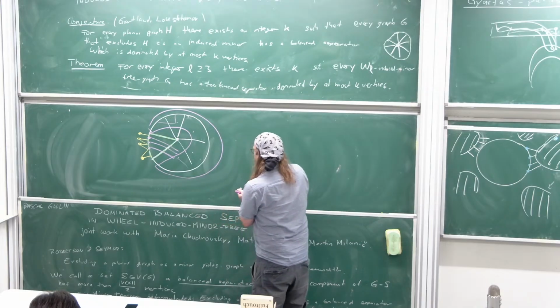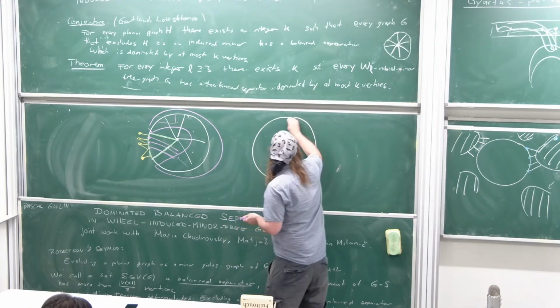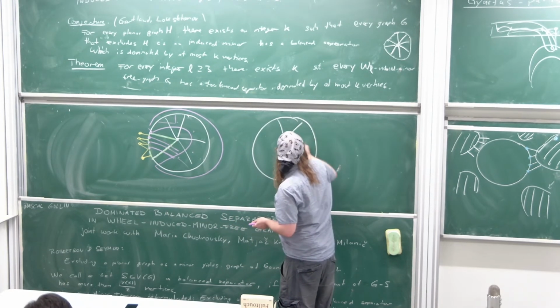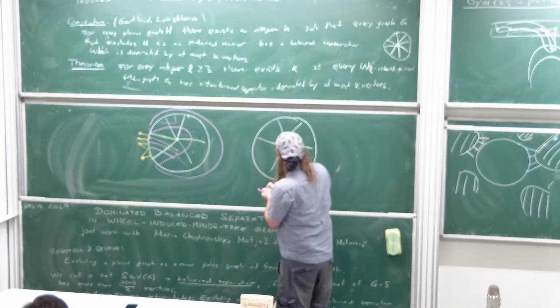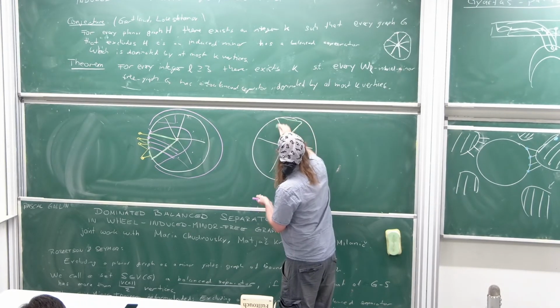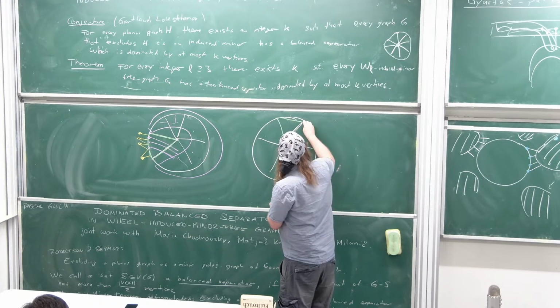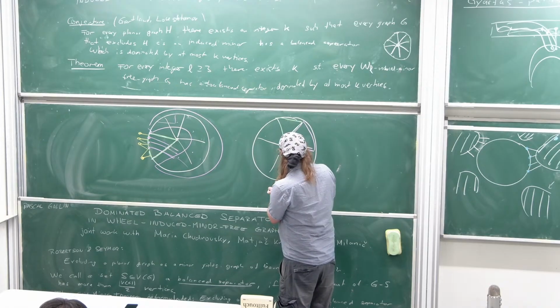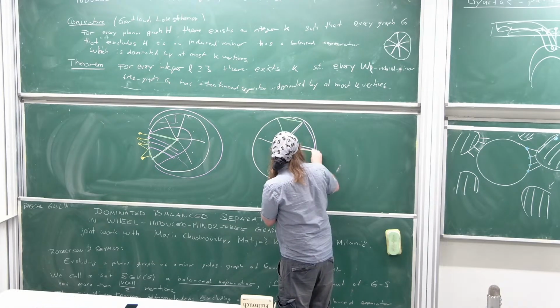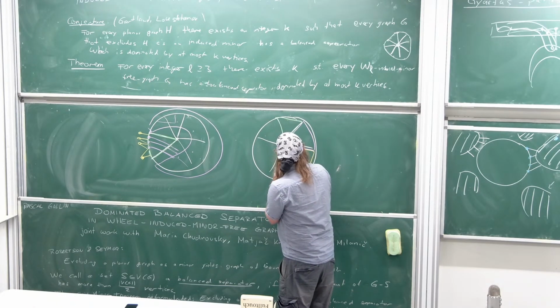And this is something that we can do for all these wedges here simultaneously. So we ask this wedge, we ask this wedge, we ask this wedge, and so on.